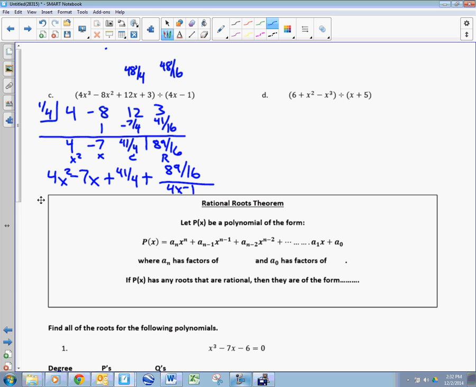I shouldn't leave it as a complex fraction, but I'm going to just because we won't see any examples like that. Just want to show you how things work out. You try D on your own. Go. A quick run through the problem.